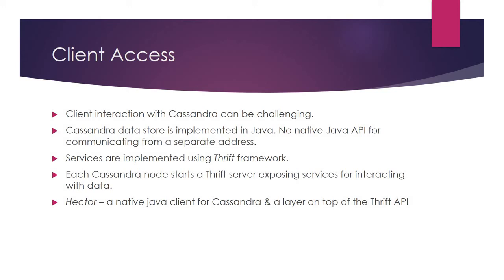Hector is said to be a native Java client for Cassandra, and it is one of the top layers of the Thrift API. Other than Java, it also supports many other client languages, such as Ruby, Python, and Erlang.